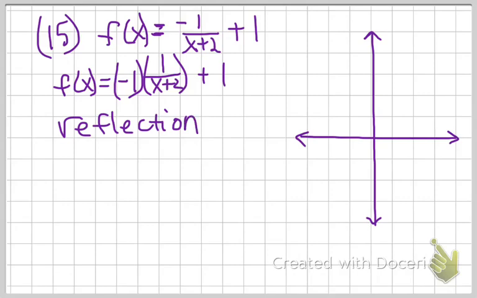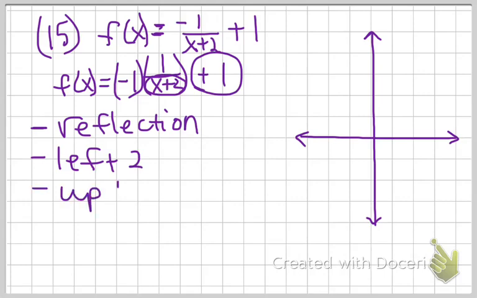And then I also see that I have x plus 2, and anything in x world is going to be opposite. So instead of shifting right, we're going to shift left 2. And then I also have a plus 1 at the end, which means we're going to shift up 1.